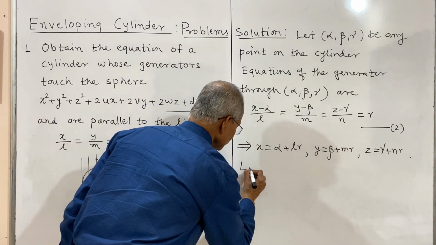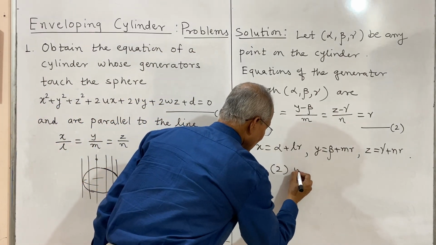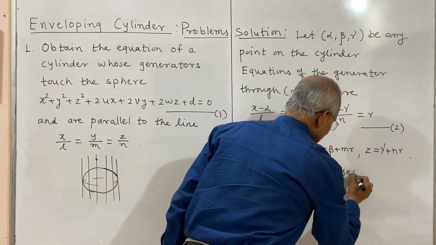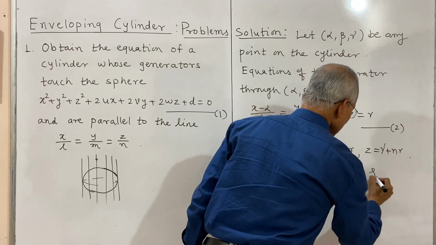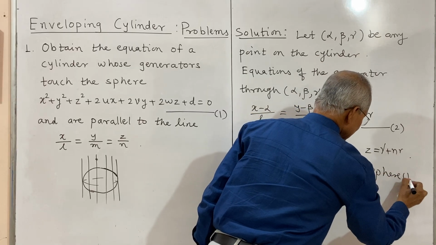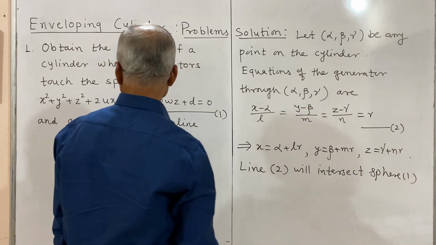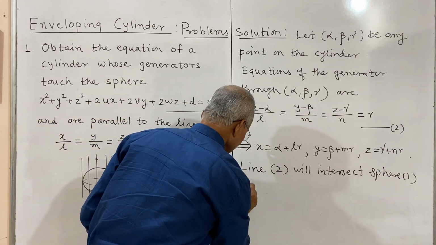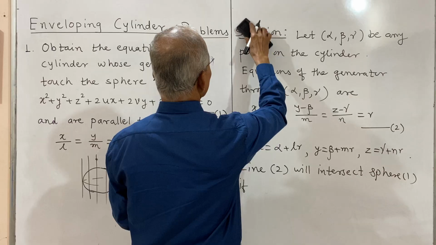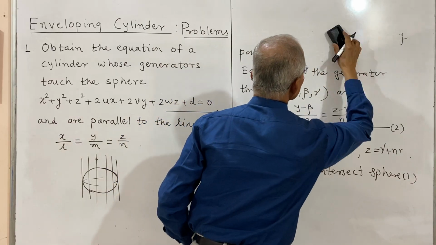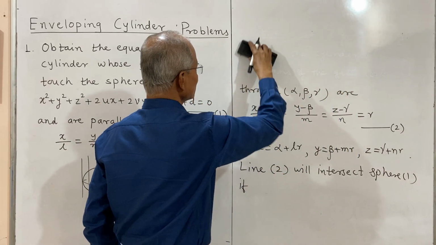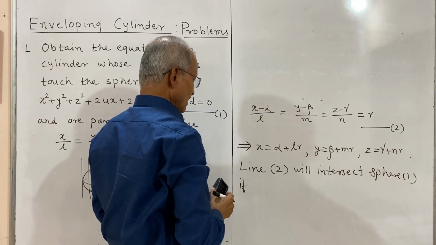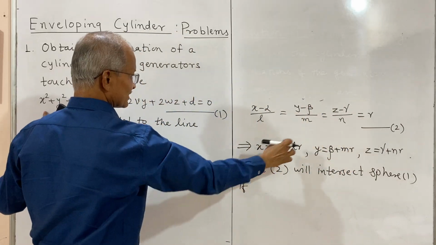Line 2 will intersect sphere 1 if the coordinates of a point on line 2 satisfy the equation of the sphere, and we have to put the values of x, y, z as this.